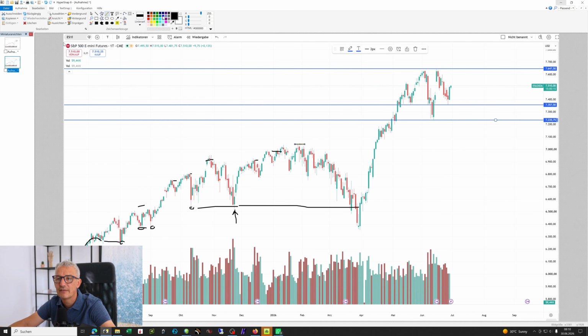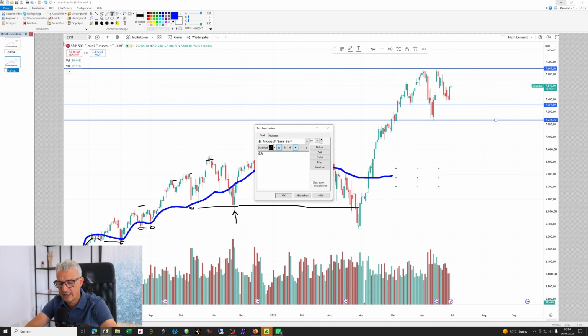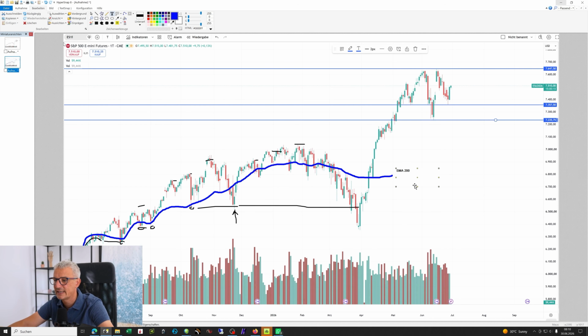In addition, they very much like to use a so-called moving average, usually calculated over 200 days, and then it looks something like this. And they claim that this moving average, let's just take an SMA 200, which is a simple moving average that says nothing more than what the average price of the last 200 days is.